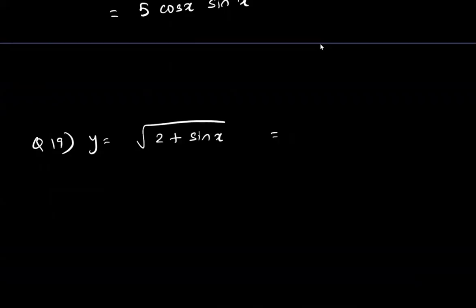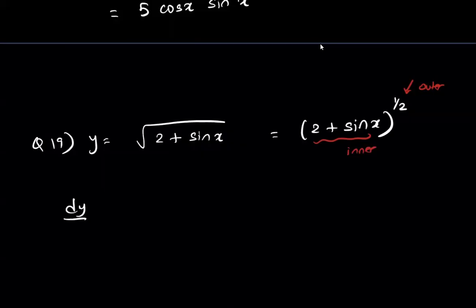Now this can be written as (2 plus sine x) to the power of 1/2. So again, this is your outer, this is your inner. When you take the derivative, your dy/dx is going to be the derivative of the outer times the derivative of the inner.